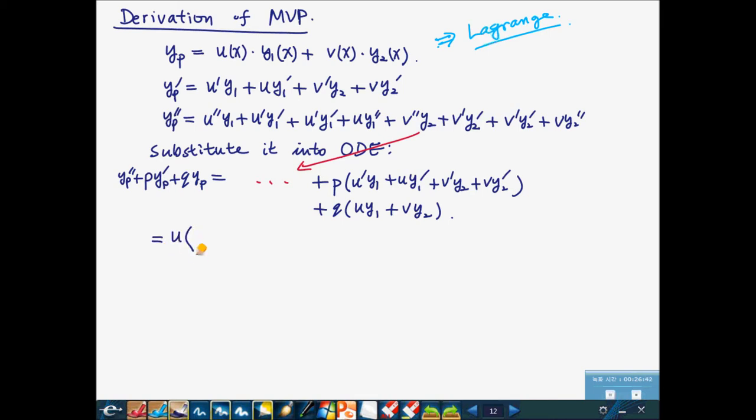Where is U? Here, right? U times Y1 double prime, and we have U times Y1 prime, and U Y1. So Y1 double prime plus P times Y1 prime plus Q times Y1. Wow, what is it? Homogeneous solution. Okay? Just 0.